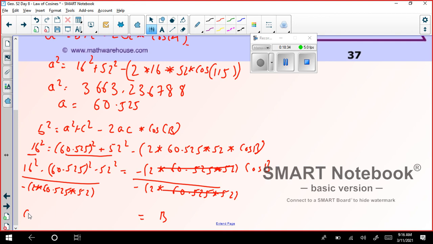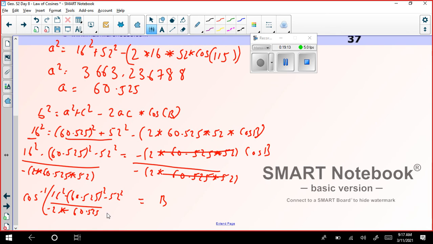You can put this itself in the calculator, but make sure you put proper parentheses, brackets, otherwise there is a chance of going wrong. 16 square minus 60.525 square minus 52 square over negative 2 times 60.525 times 52.